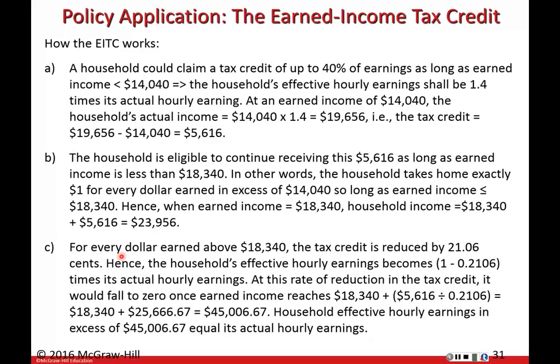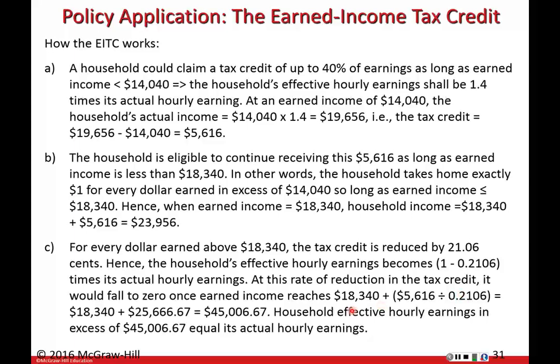So the household's effective hourly earnings becomes 1 minus 0.2106. That's basically 21.06 cents written in dollars, times its hourly earnings. Now, at this rate of reduction in the tax credit, it would fall to zero once earned income reaches 18,340 plus, you take the tax credit of 5,616 that the household was receiving when it was earning 18,340, and you divide that by this rate of reduction.